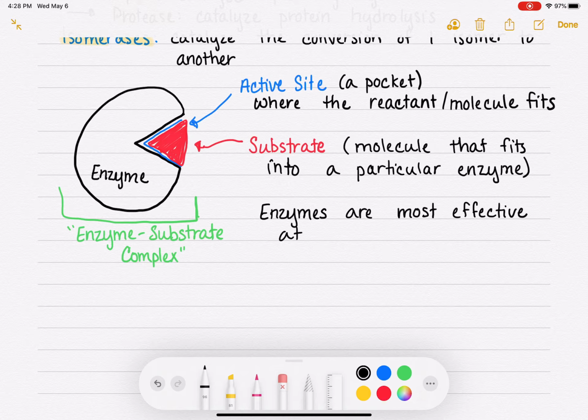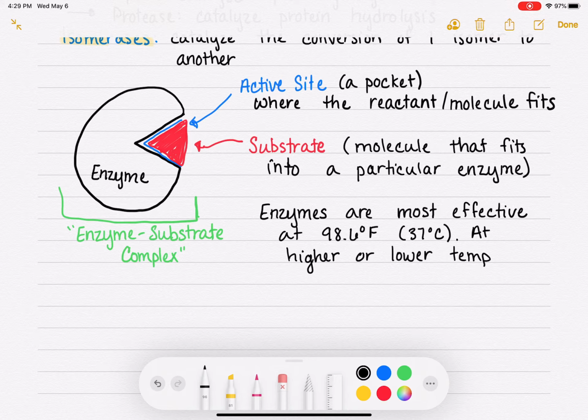So that would be 98.6 degrees Fahrenheit or 37 degrees C. When you raise your temperature significantly higher or lower, they lose their effectiveness. I guess if you go really high or really low, they can be rendered entirely ineffective. But at higher or lower temps, they're still working, but they are not as effective or not as efficient.